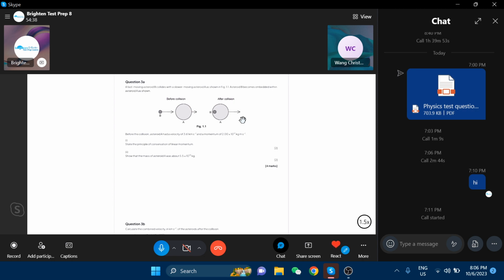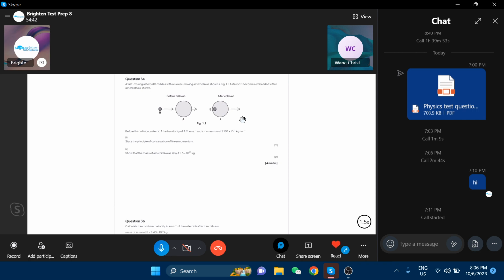What you could say here, when you think of our pulley question, remember when we had this one, and then we had the elevator. Then we had to say, well, this is the whole system, so we have to include both masses, or the forces resulting from the two masses. We could as well say the momentum of a system remains constant.